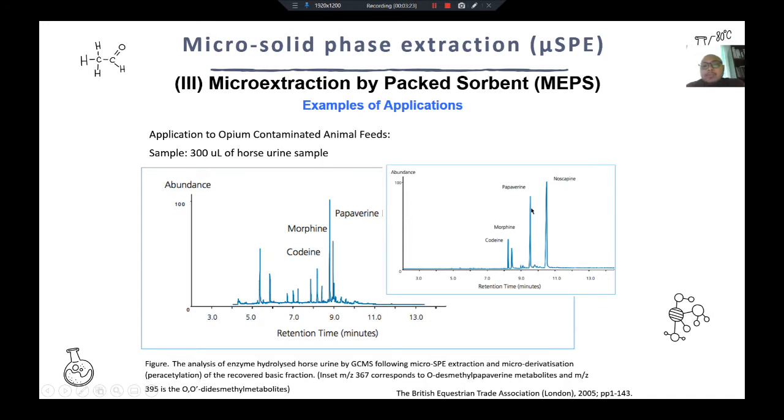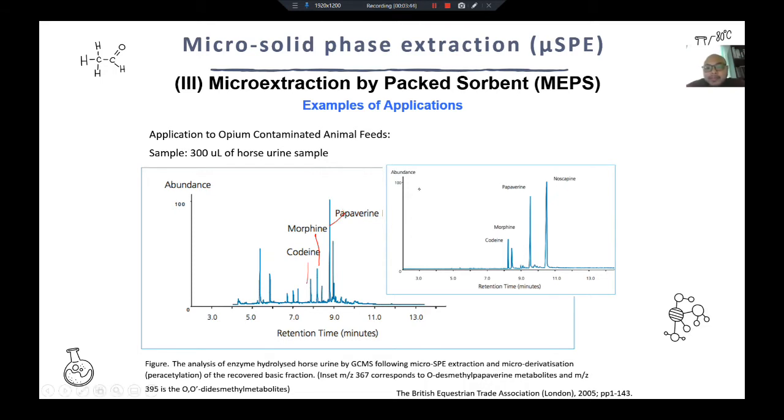Okay, so I believe this one after we use the MEPS, maybe here is direct extraction method. Okay, so it's not really successful to remove all the impurities. Okay, so kalau kita tengok, ini adalah peak codeine, ini adalah peak morphine. Okay, ini adalah paverin.